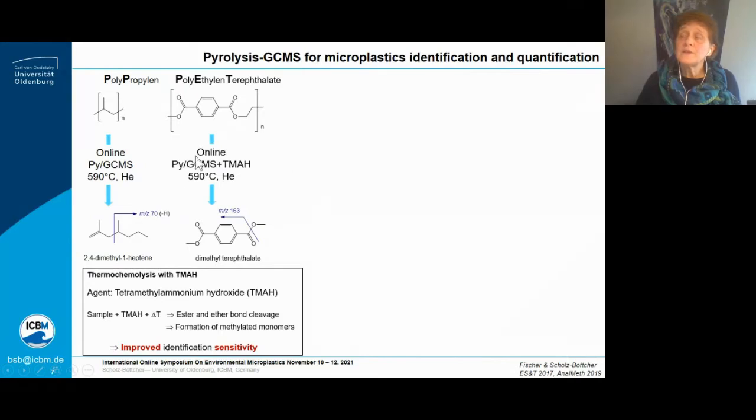We are using TMAH, tetramethylammonium hydroxide, which is a pyrolytic derivatization process, which on one hand cleaves ester and ether bonds, and on the other hand forms methylated derivatives that improve sensitivity, reduce polarity, and therefore also improve the chromatographic behavior.